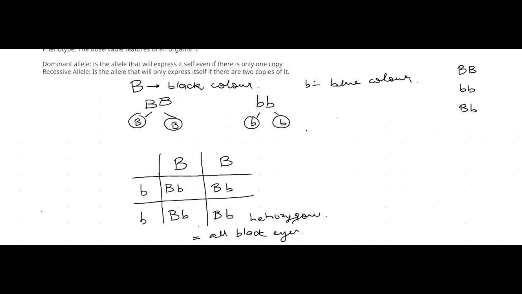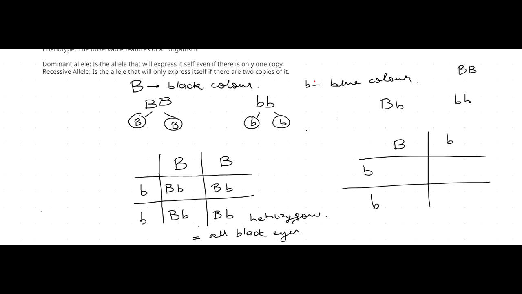Now, let's consider the same scenario. The father has black eyes, but the mother has blue eyes. This time though, the father's black eyes are heterozygous. So he has one dominant and one recessive. When you make your genetic cross, it's going to look something like this.